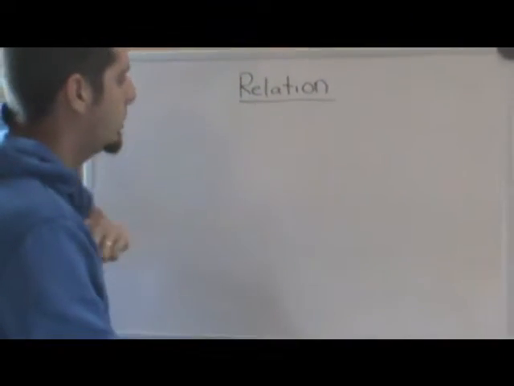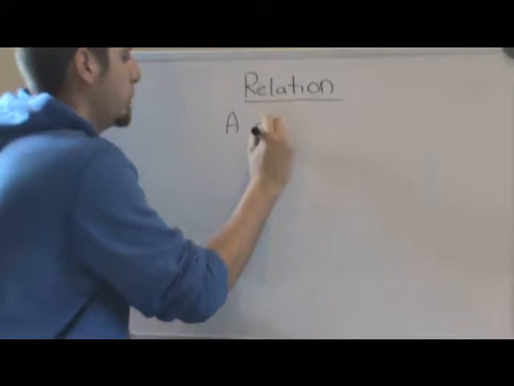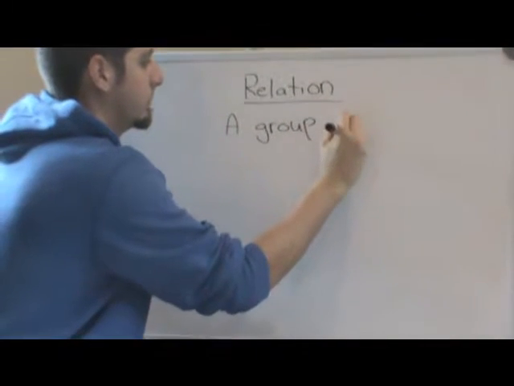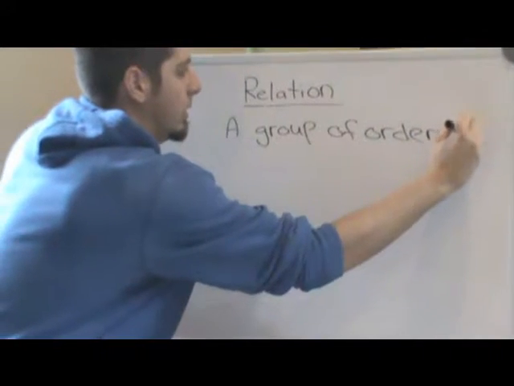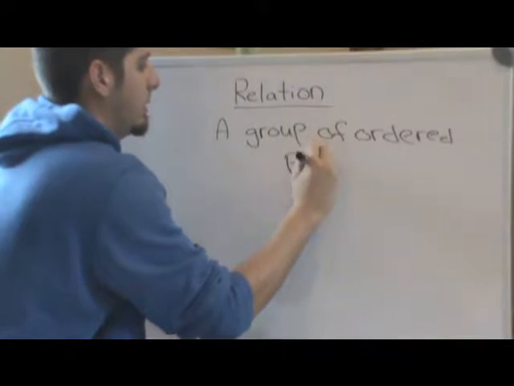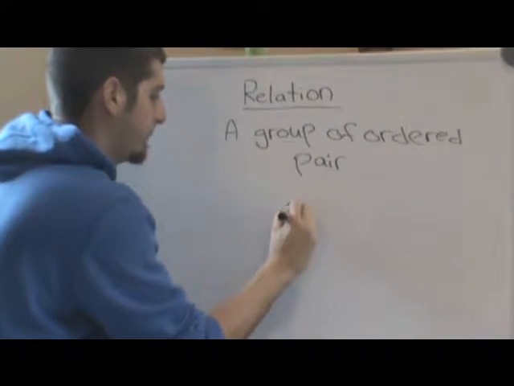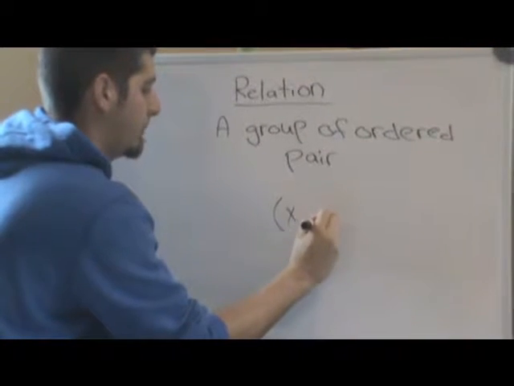So back to what a relation is. A relation is simply a group of ordered pairs. Now, if you're not familiar with what an ordered pair is, it's an X and a Y coordinate that are paired up.